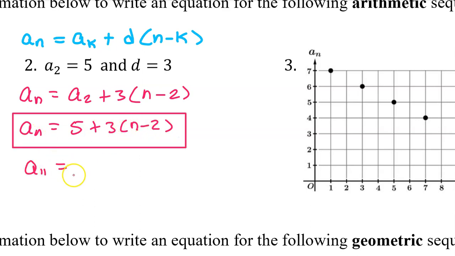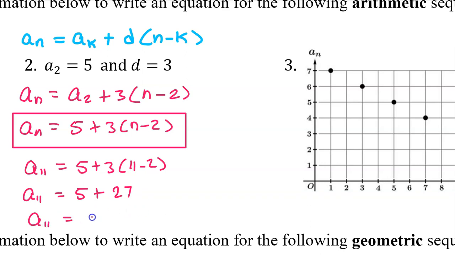So there's the rule. Now I'm finding a11, which will be 5 plus 3 times 11 minus 2. That's 9. So a11 is going to be 5 plus 3 times 9 is 27. So a11 will equal 32.